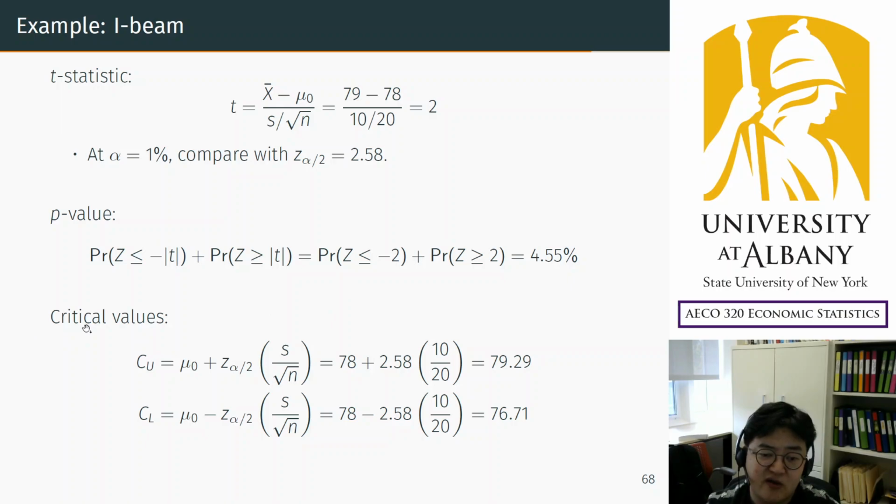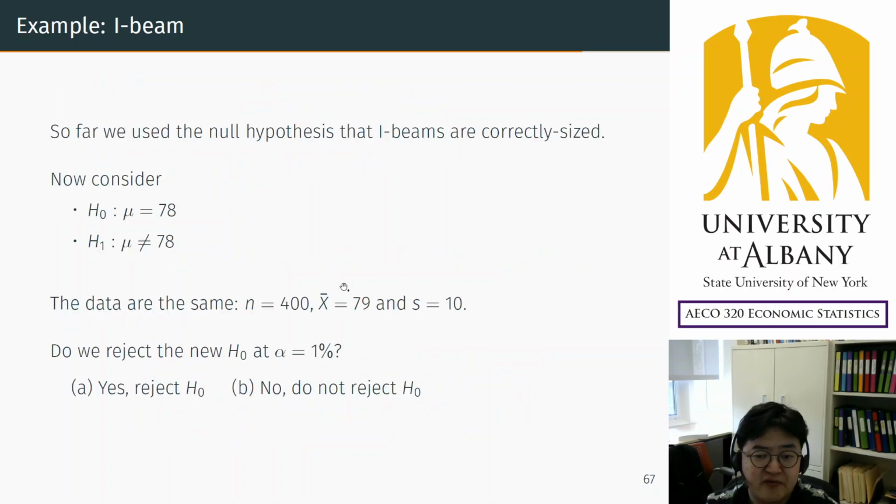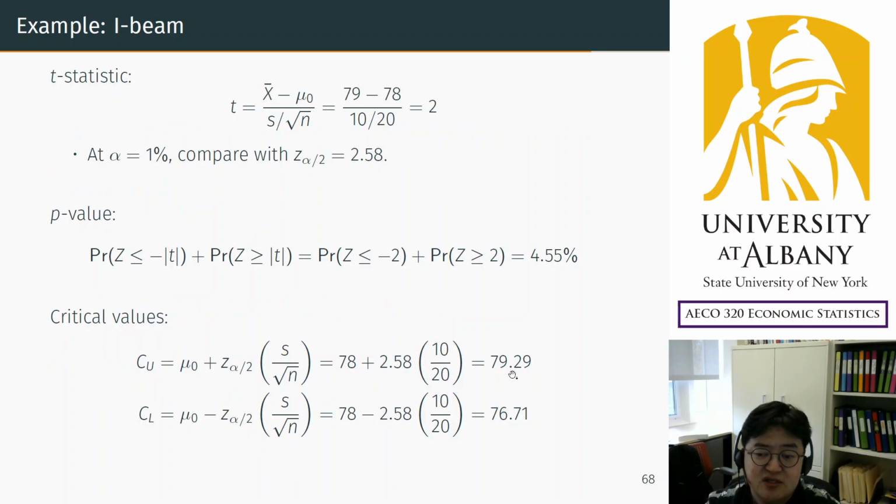Finally, the critical value. The critical values are around 78 now. 78 is your new belief, and plus minus 2.58 standard error, which gives you these numbers. And remember, your sample average was 79, so 79 is within this interval, between these two critical values.